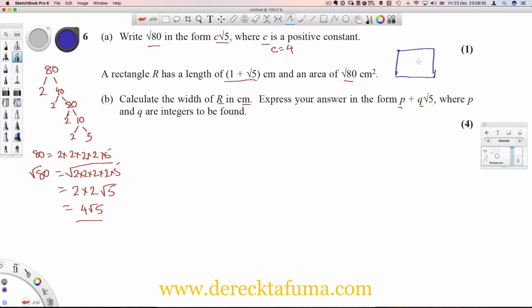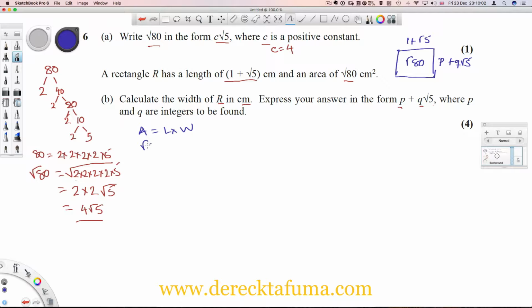So it's got a length, a rectangle R has length 1 plus root 5, and an area of root 80. Calculate the width, which is this, in the form P plus Q root 5. Okay, so basically area is length times width.